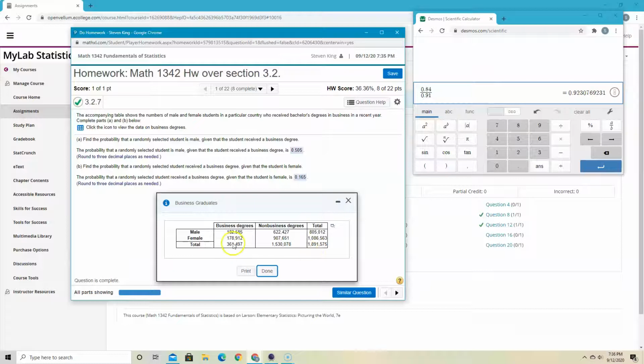Okay, so if we add this number plus this number, we should get this 1,891,575, and the same if we add up all the males and female students of that year, they would have to add up to the same amount. Okay, so this table has one piece of information in the rows, one category of breaking down the data, and that is by gender, and then the columns is another way, another category to break down this data set.